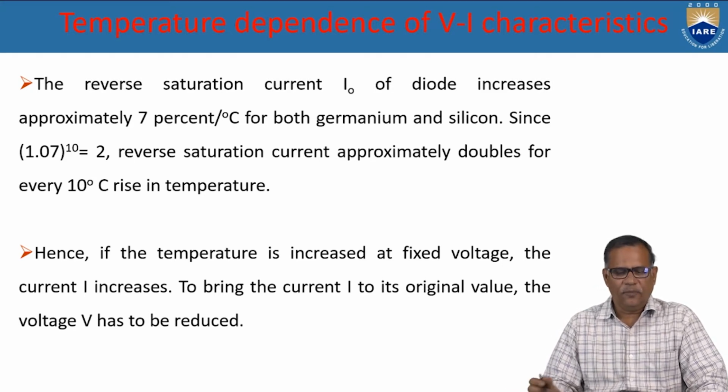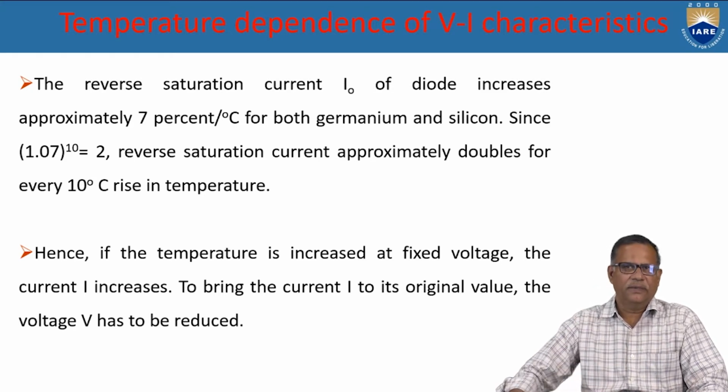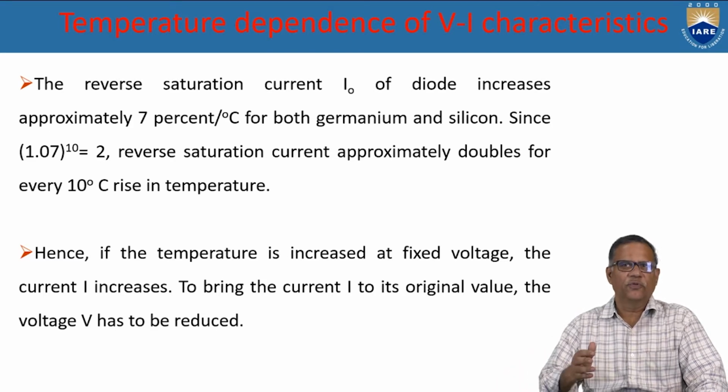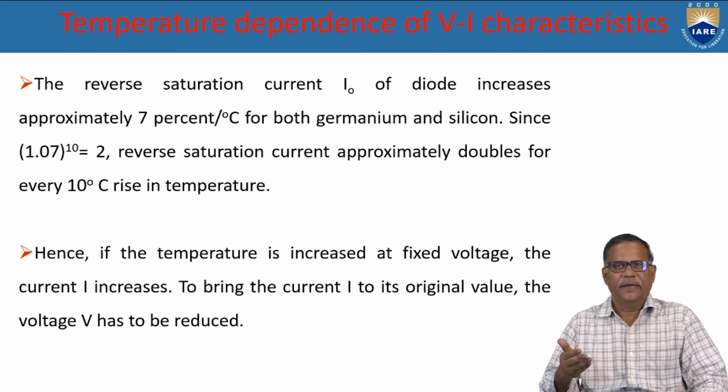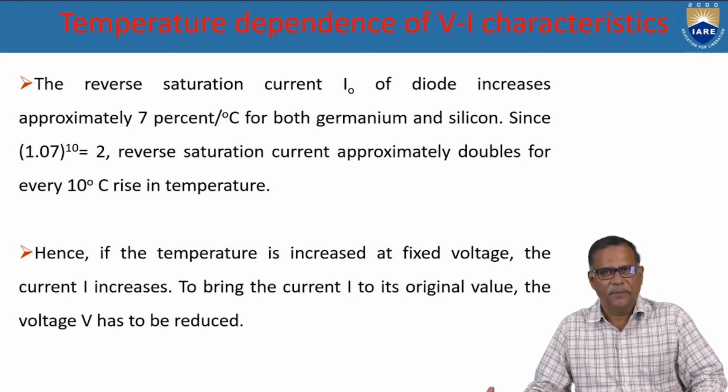Since 1.07 to the power 10 is approximately equal to 2, we can say that the reverse saturation current doubles for every 10 degrees rise in temperature.